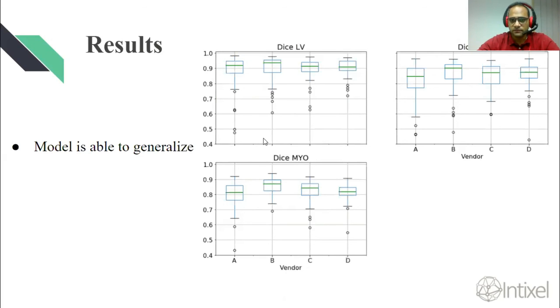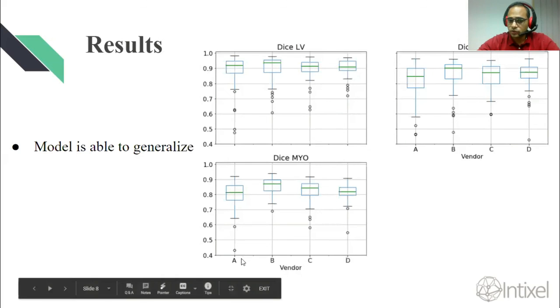It seems from the box plots that the dice score is very consistent across different vendors. It does not swing between one vendor and another, meaning that the model was able to generalize despite being trained on vendors A and B, then tested on C and D.